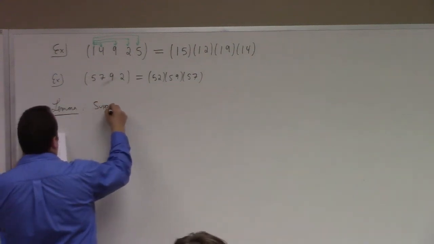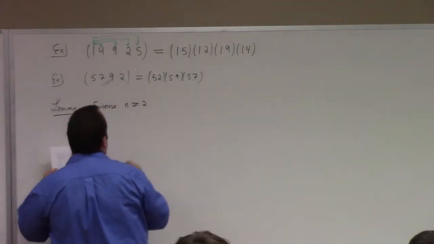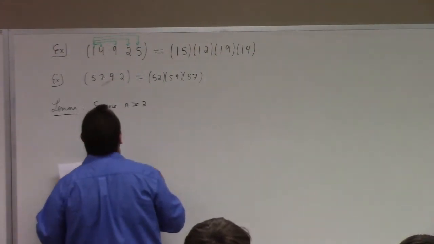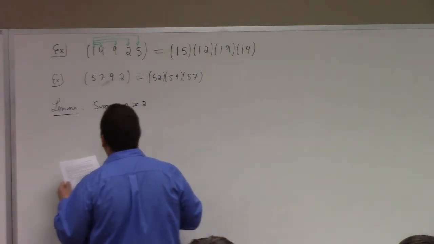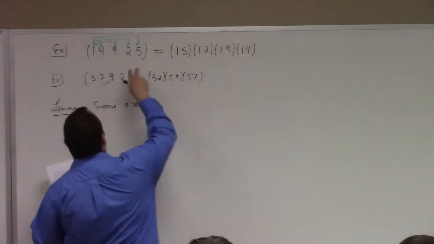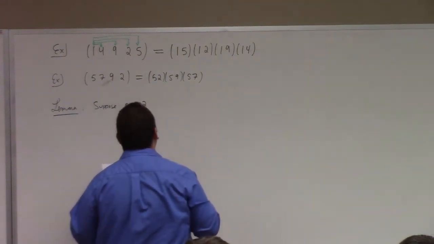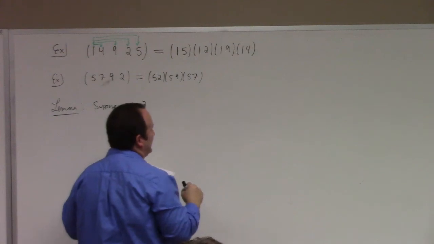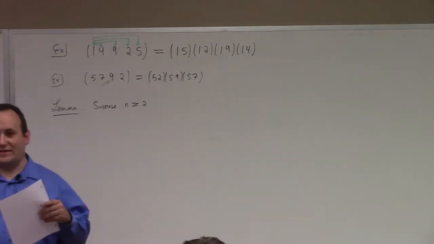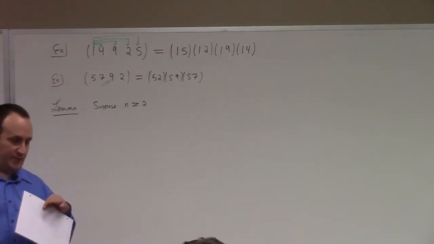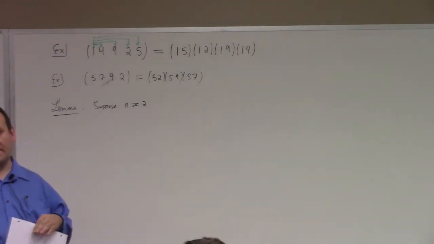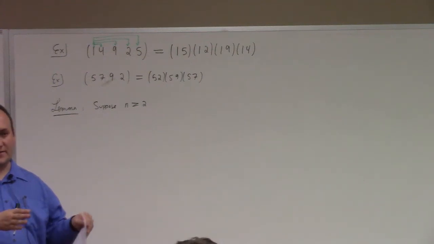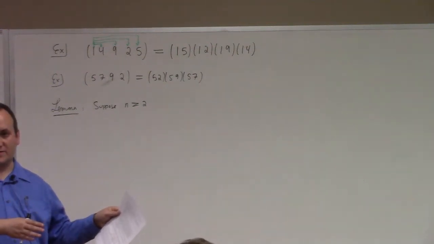Lemma. Suppose n is greater than or equal to 2. Yeah, what about it? I just said even number of transpositions. That's not a transposition or a product of transpositions. But since you said this, let me say, we're about to say a permutation is even if it can be formed by an even number of transpositions, and a permutation is odd if it can be formed from an odd number of transpositions.